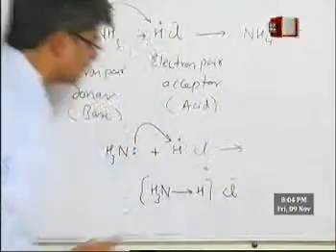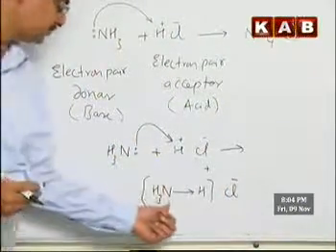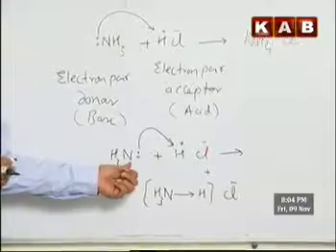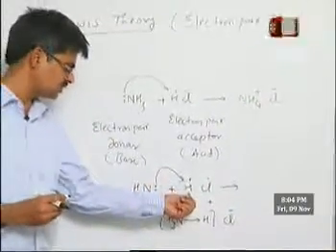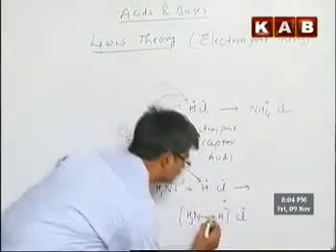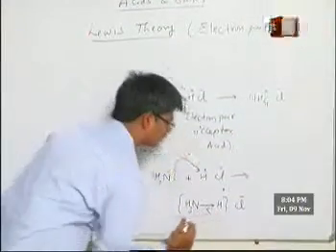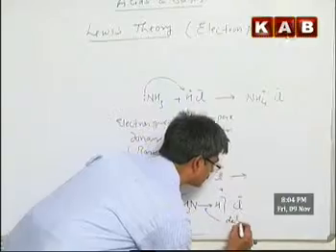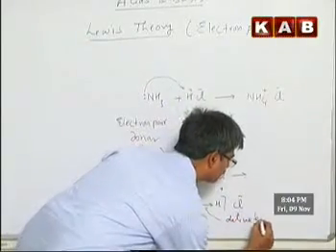That implies a coordinate covalent bond is formed between the nitrogen of ammonia and the H plus of HCl. A dative bond is formed, so this bond is a coordinate covalent bond, or you can call it a dative bond.